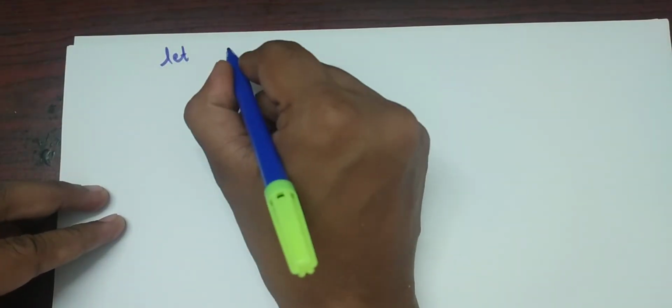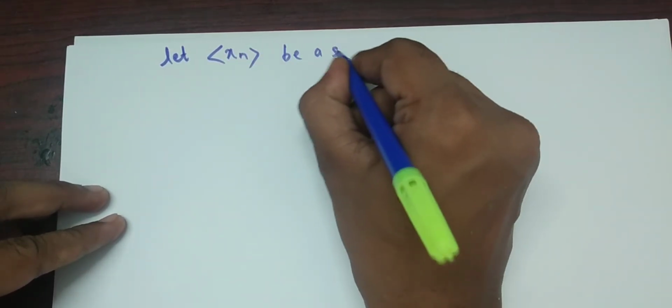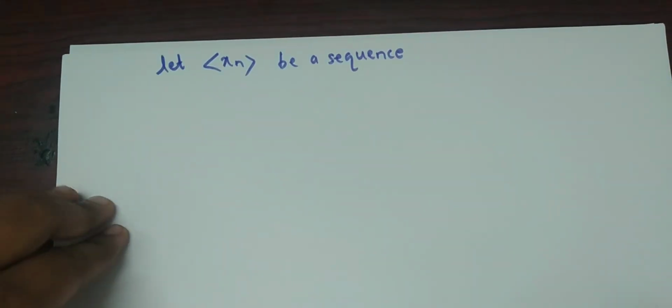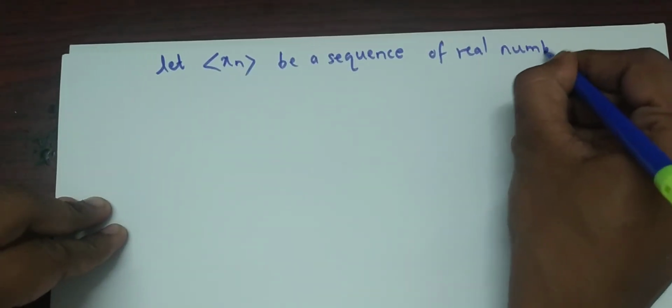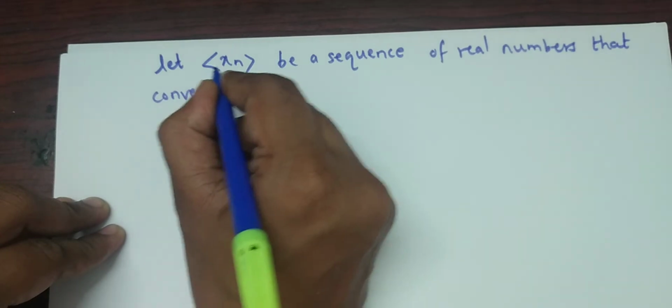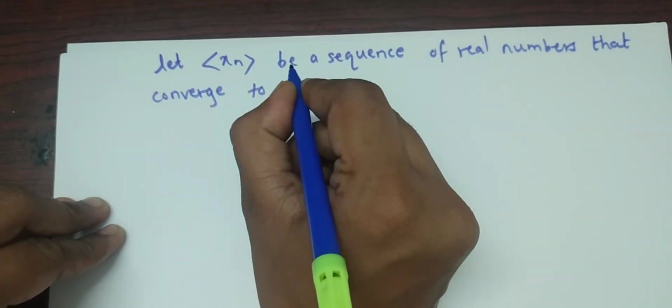Good morning everyone. Let's see the next theorem on sequences. Let xn be a sequence of real numbers that converges to x not equal to 0.